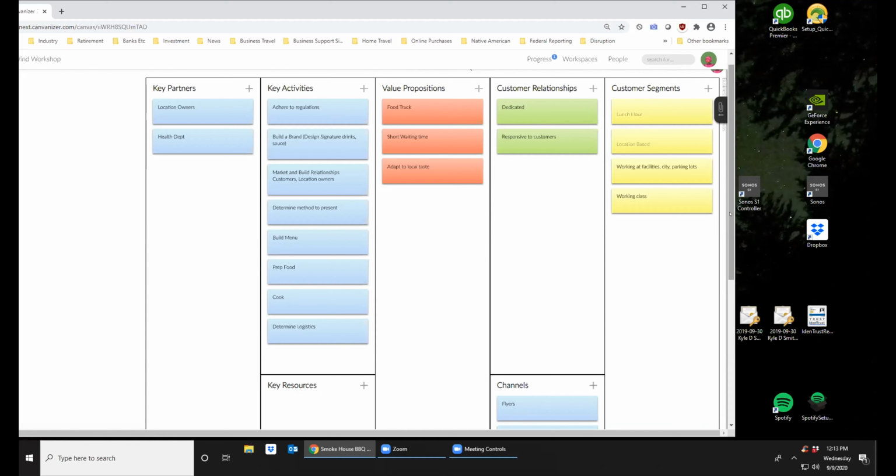The key activities. What do you think the key work is? We wanted to be able to adhere to regulations, build a brand with signature drinks, sauces, a signature product that they could only get through us, not through anyone else, for its taste.